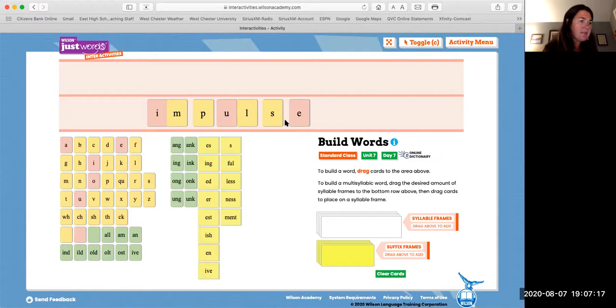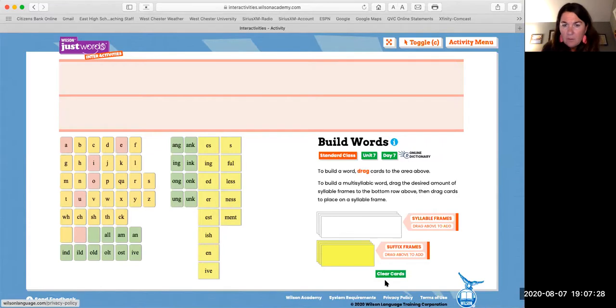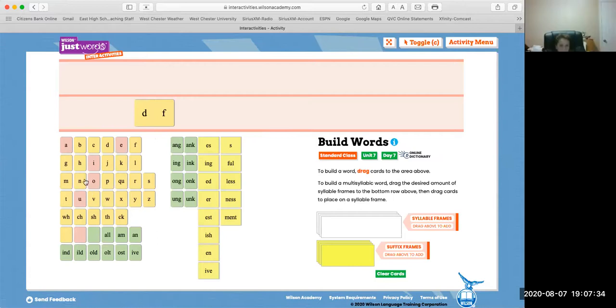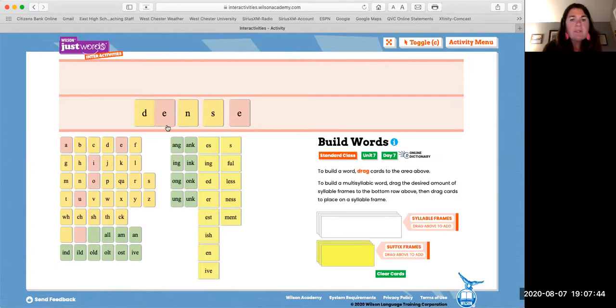All right, let's try this one. How come that's not working? All right, there we go. How about this word? How about this word? Dense. Good.